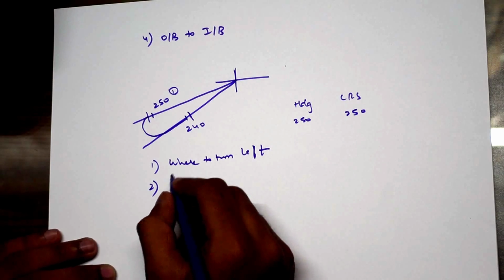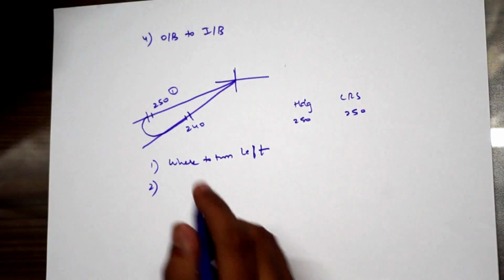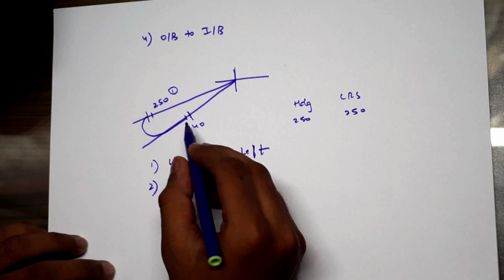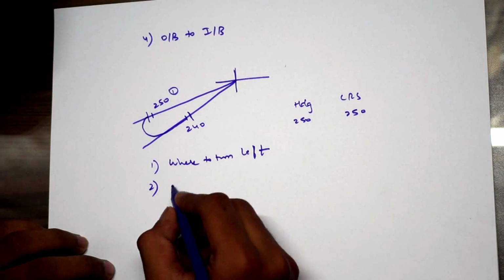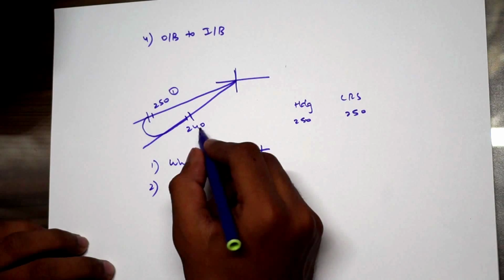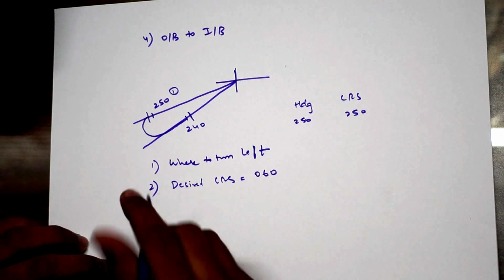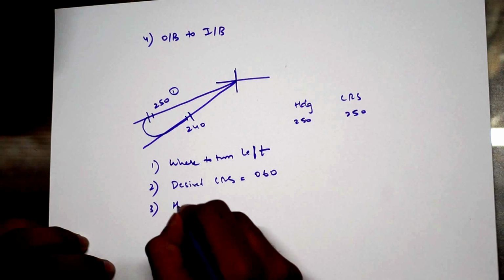Second step, all the steps are common, as I already mentioned here, where to turn, set the desired course. So the desired course in this case, it's an inbound track, so desired course will be reciprocal of the radial, that is 060. This is we have set desired course. Third step, heading to fly.